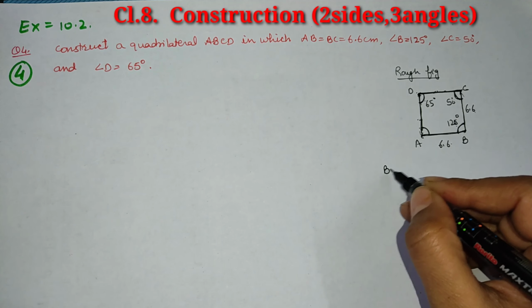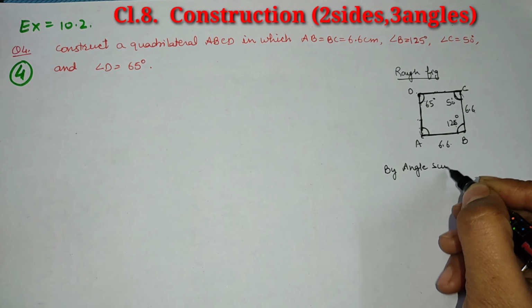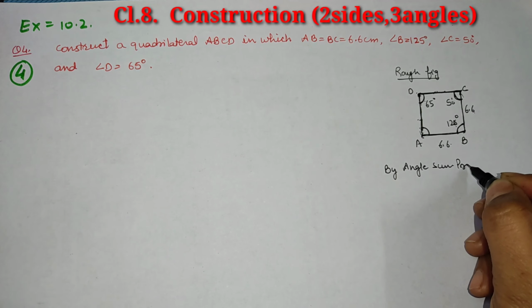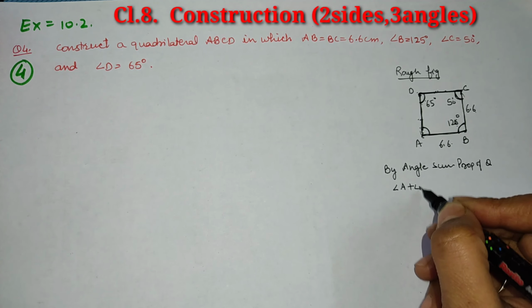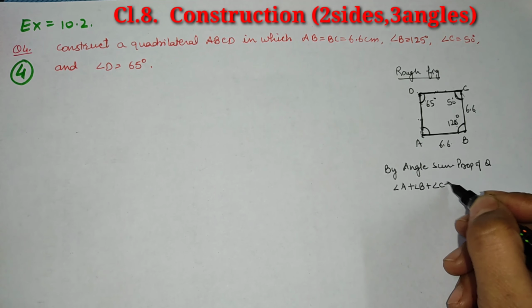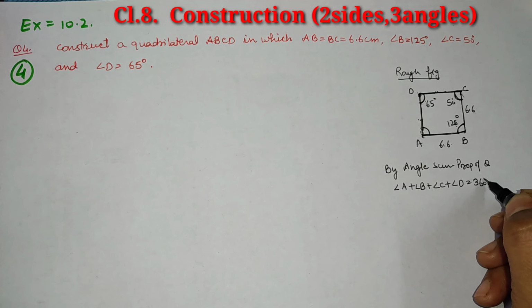So first of all, by the angle sum property of a quadrilateral, angle A plus angle B plus angle C plus angle D is 360 degrees.